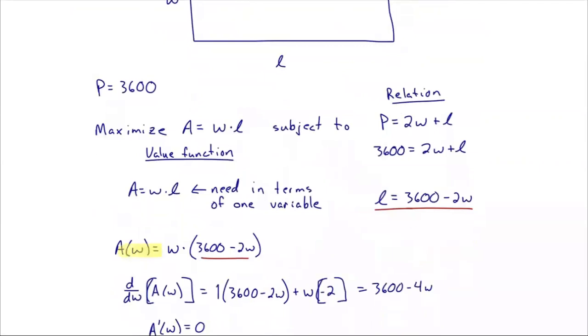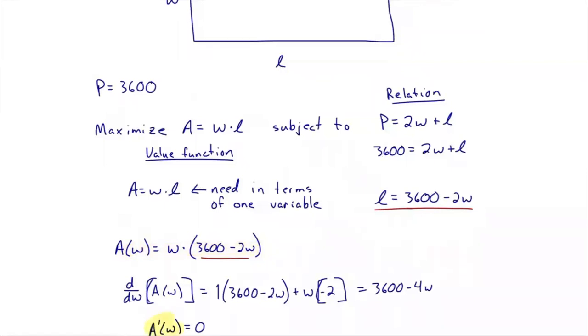Now I can substitute for this L the expression 3,600 minus 2W. That looks like the following. Here's my L now. Now I see that this is fully a function of W, the area function of W. So area as a function of W is another way to put it. So now what I can do is take the derivative with respect to W of both sides of this. I get A prime of W on the left.